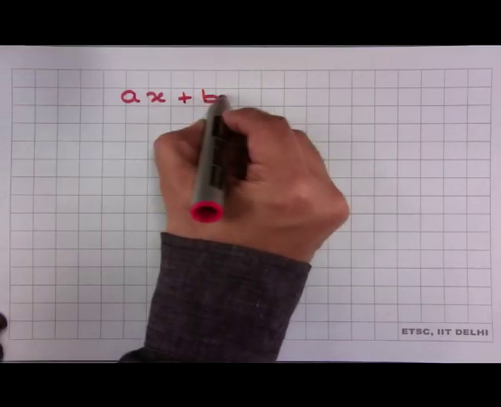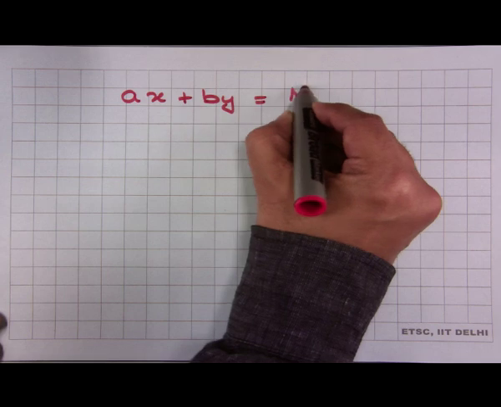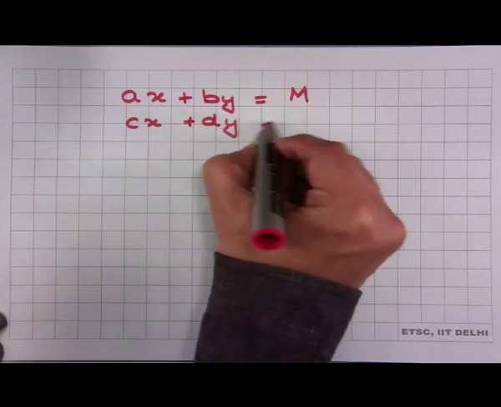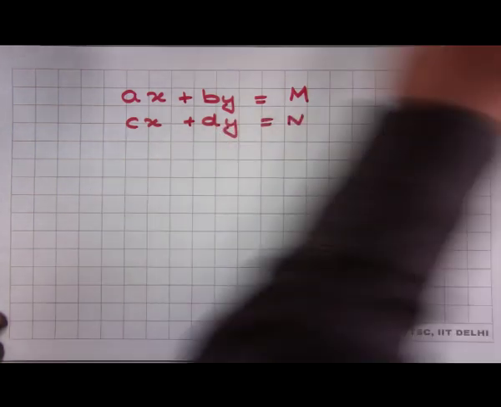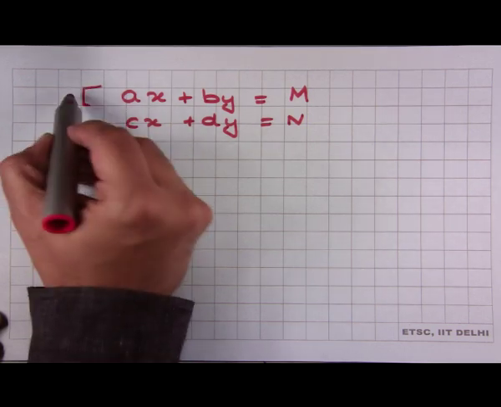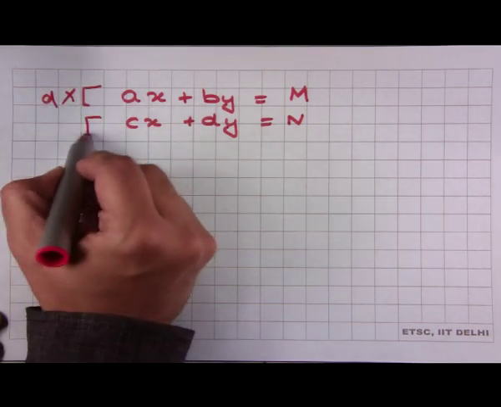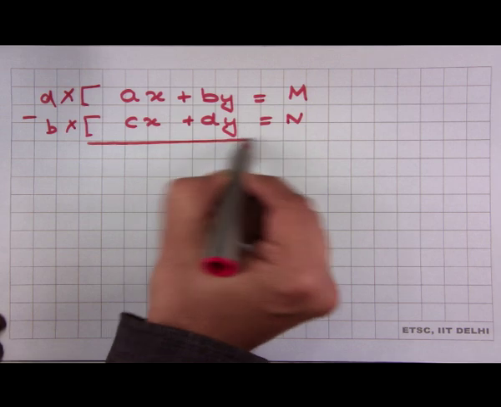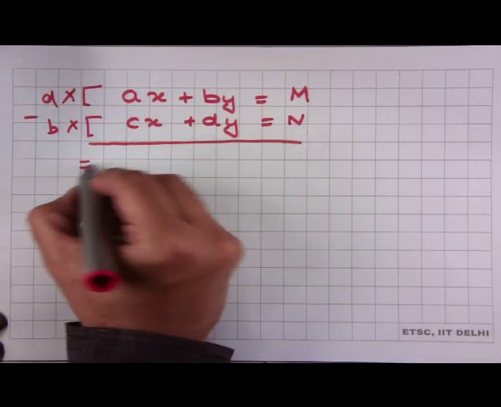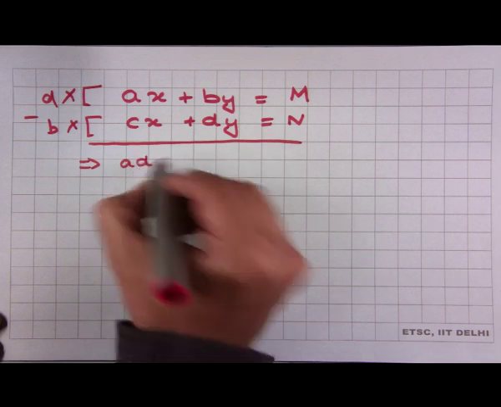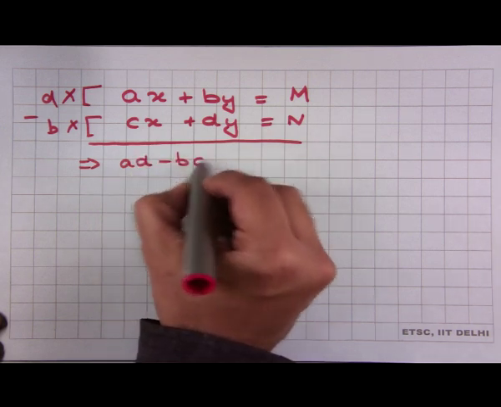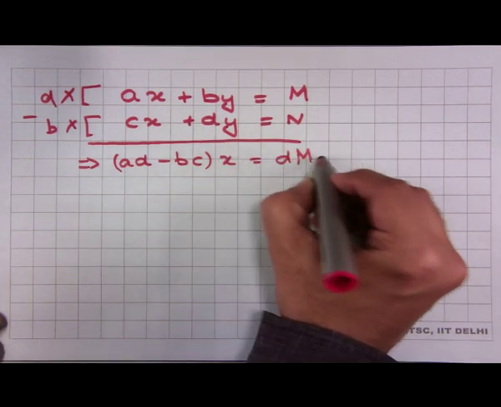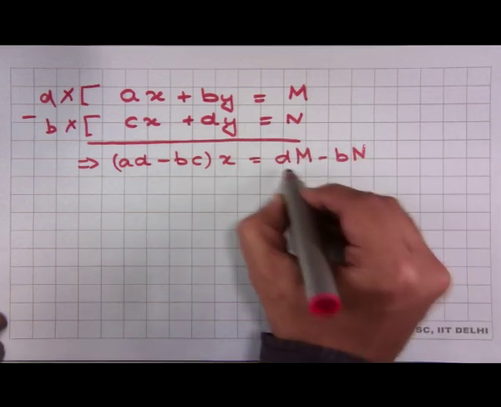One method of solution is as follows. We can multiply the top equation by d and the bottom one by b and subtract the two. Then what do we get? We get that AD minus BC times x is dm minus bn, okay.